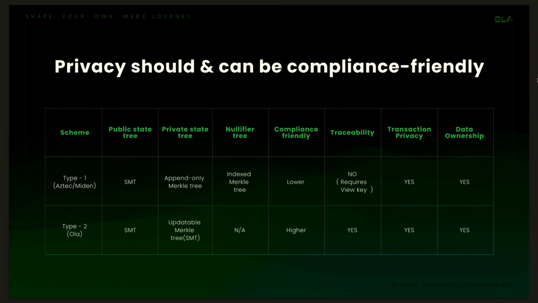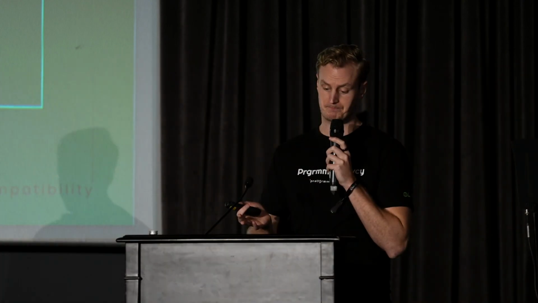So to the bread and butter of our solution, this is just a comparative slide. On the example here, I have Aztec and Miden. So a big difference between our teams here is we are going down a route where we're looking to maintain and protect the end user, but we still want to be able to trace encrypted data in the network because we think that this brings a lot of value when working with regulators and if bad actors would ever hop onto your system.